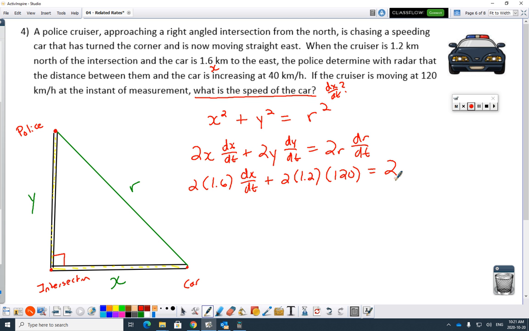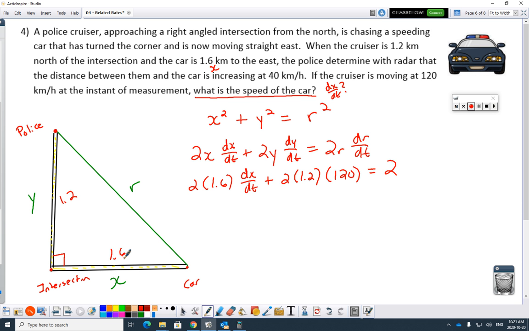Oh, they don't tell us that. Well, that's a problem, isn't it? They told us 1.2 over here, and they told us 1.6 over here. They didn't tell us the r, and I need it for the equation. I already gave this away, didn't I? What now?